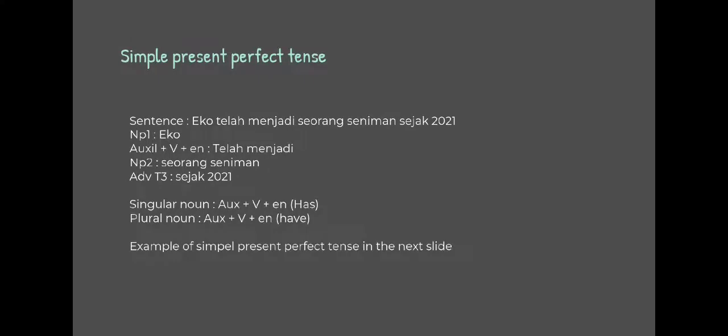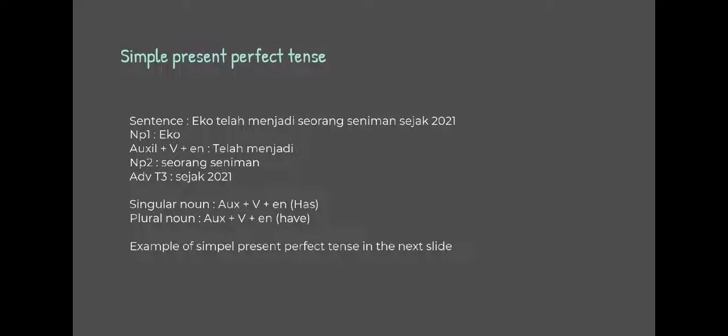Okay, next we have the simple present perfect tense. This tense is used in the present to indicate an action that has taken place at some specific time. As you can see right here, I just made a sentence, Eko telah menjadi seorang seniman sejak 2021.